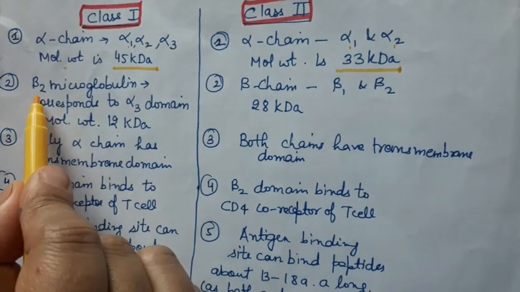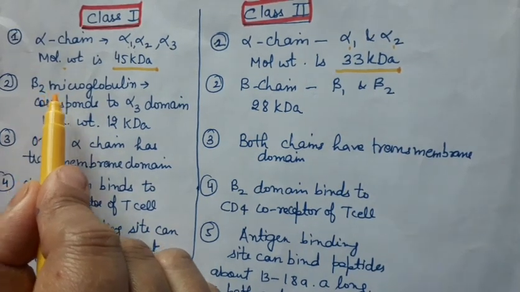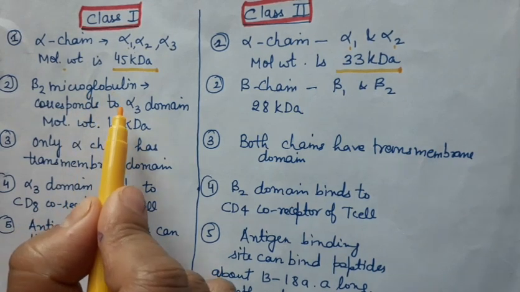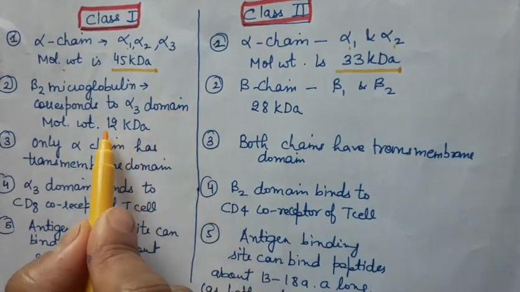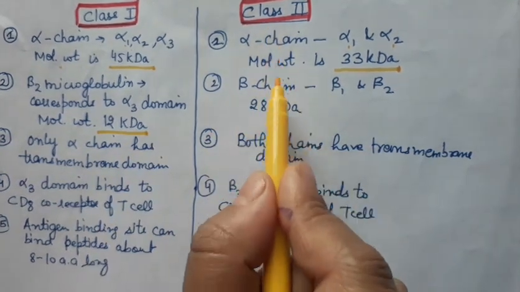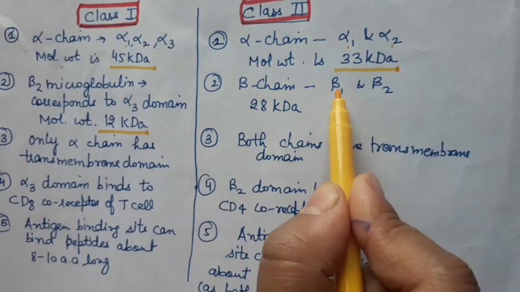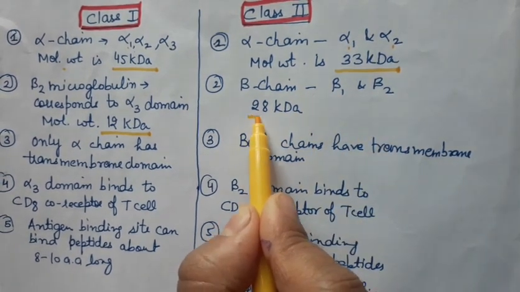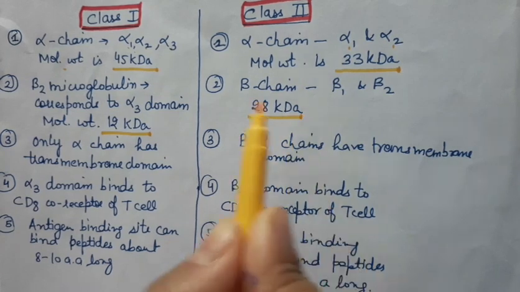Similarly, in class 1, beta chain comprises of only single chain and it corresponds to alpha 3 domain. Molecular weight here is 12 kilodaltons, whereas in case of class 2, beta chain comprises of 2 domains, that is beta 1 and beta 2, and the molecular weight is 28 kilodaltons.